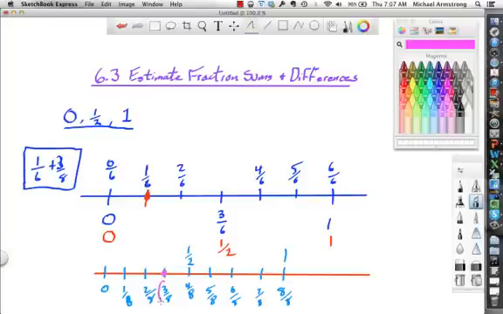This was the 1/6. So when we're adding 1/6 plus 3/8, I can see that 3/8 is actually closer to 1/2 than it is to 0. So we're going to rewrite this as 0 plus 1/2 equals 1/2.